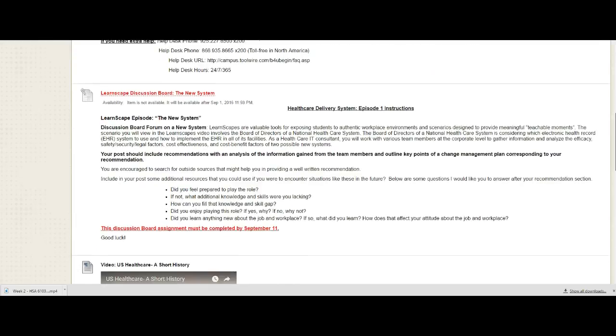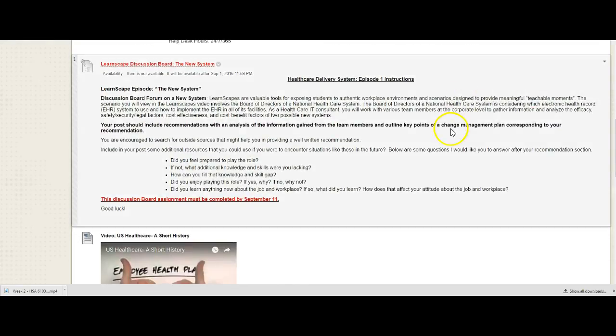Below that is the discussion board forum. Here are instructions on what the assignment is, so what your assignment post should include.